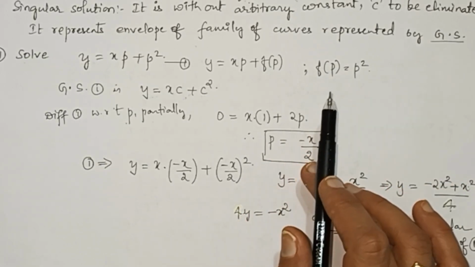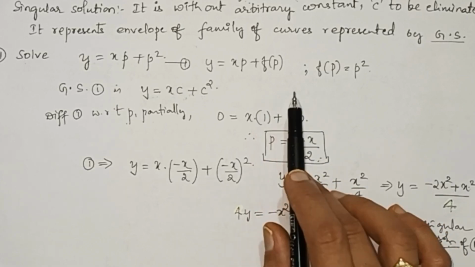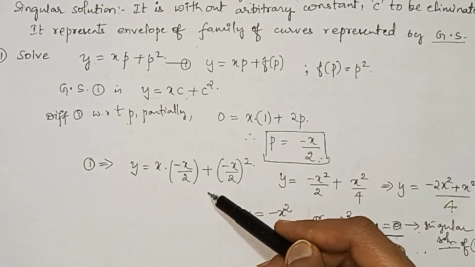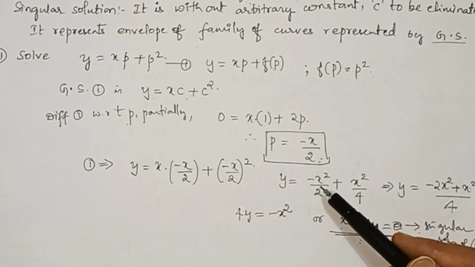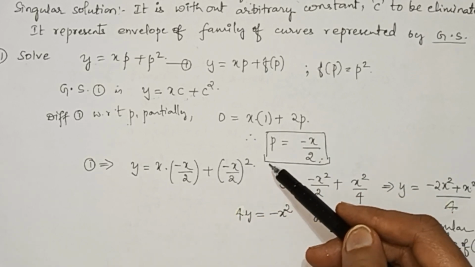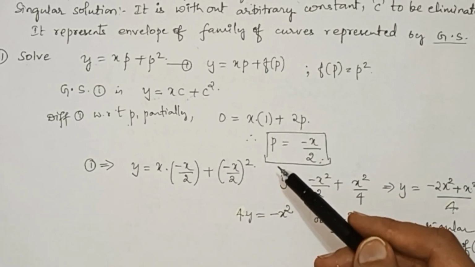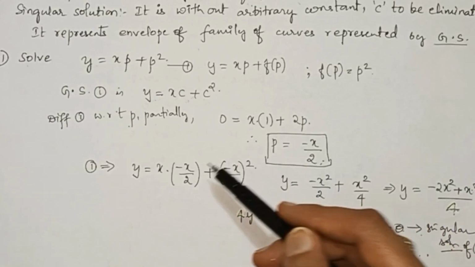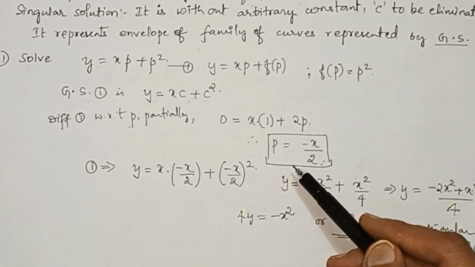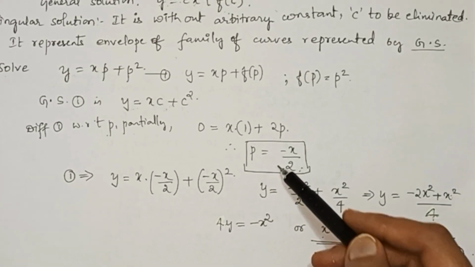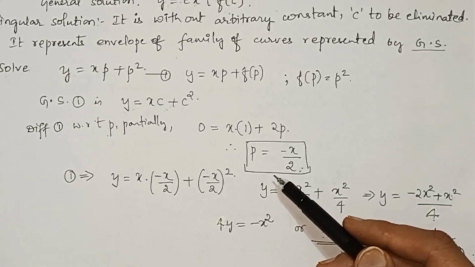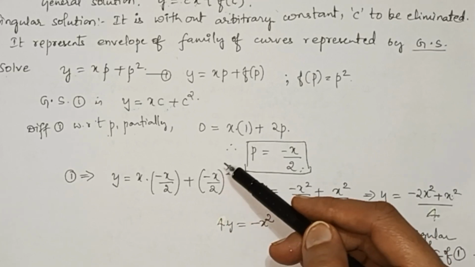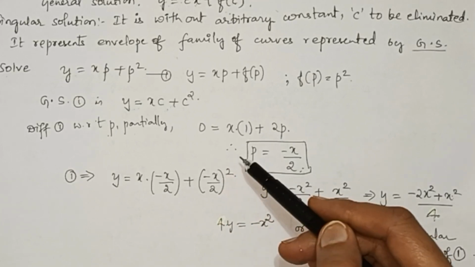Equation solvable for x means you have to write x equal to f of y comma p, then differentiate with respect to y, get the value of p, back substitute the value of p in the equation to get the general solution. Similarly, solvable for y means write y equal to f of x comma p, then differentiate with respect to x, get the value of p, back substitute in the equation to get the general solution.